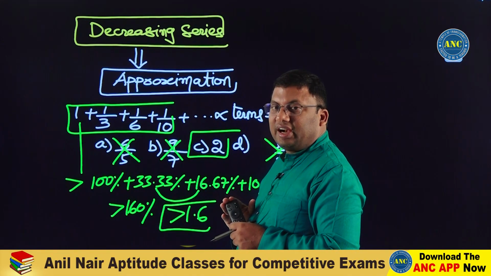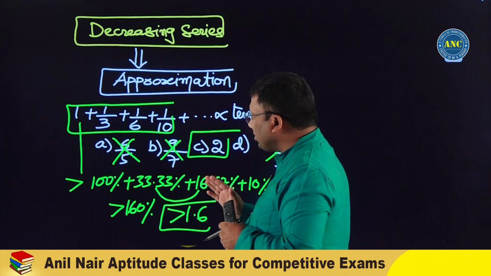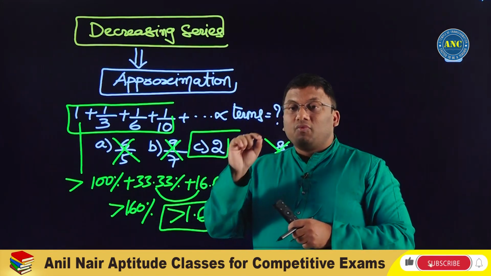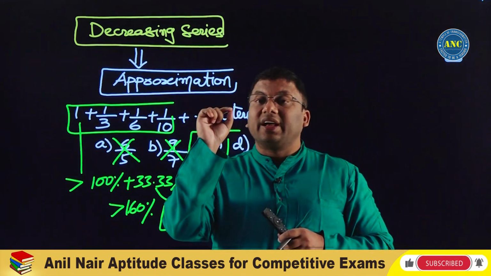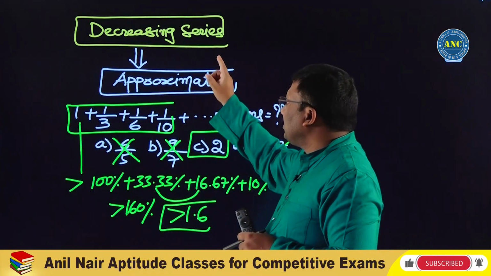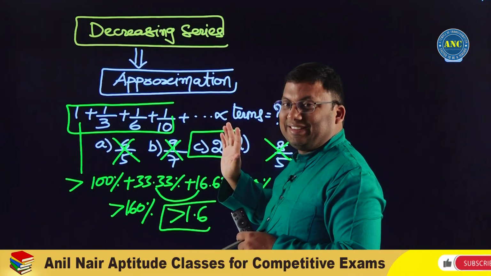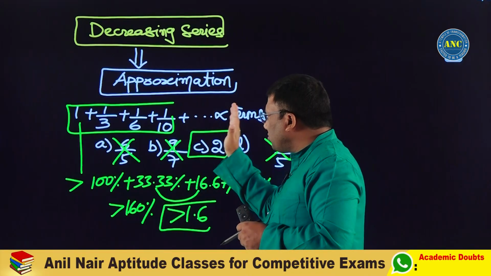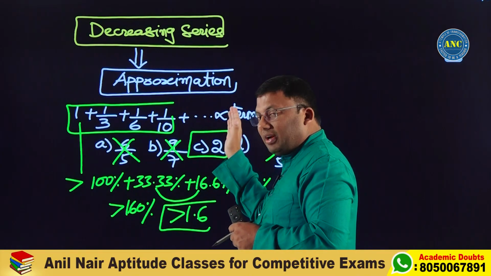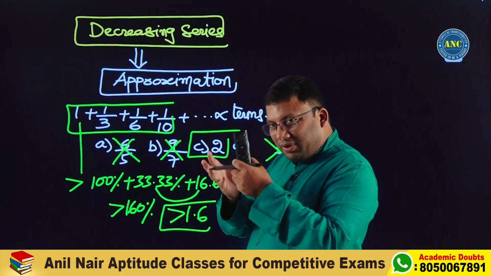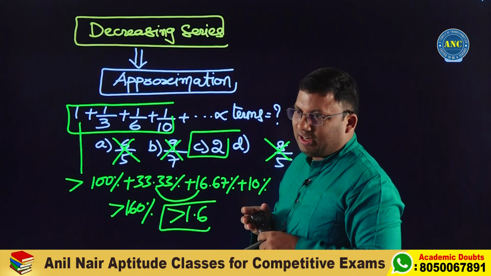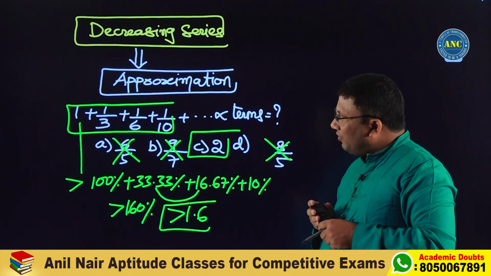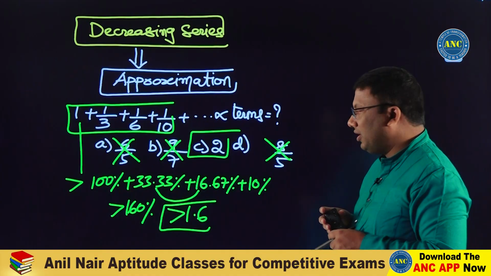So the answer is greater than 160%. Whenever the values in the series are decreasing, it is a decreasing series. Because the values are decreasing, after some level the next term value will be very small compared to the original value.